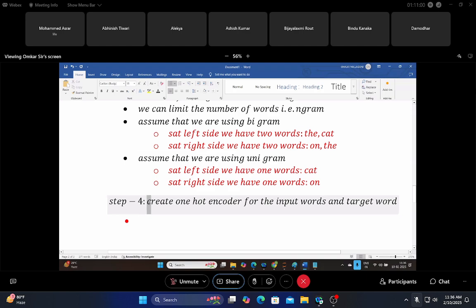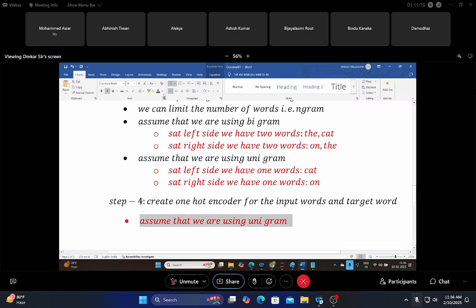Assume that we are using only unigram. Then what is the input?